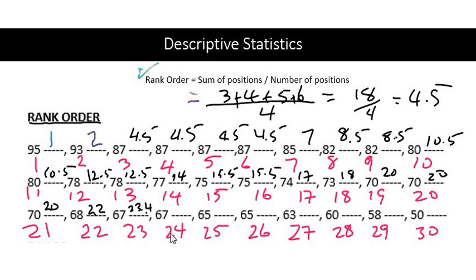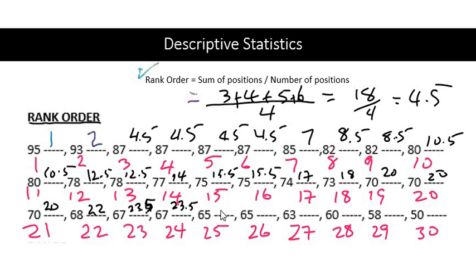So, 24 is right after 23, and when we find the midpoint, we'll get 23.5. And this 67 is also 23.5. So the rank order that we find for a repeated number is the same for all those repeated numbers.